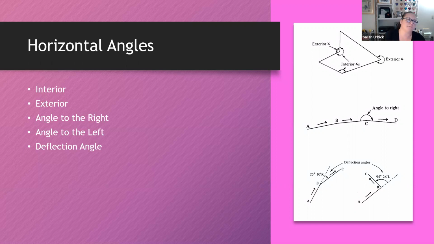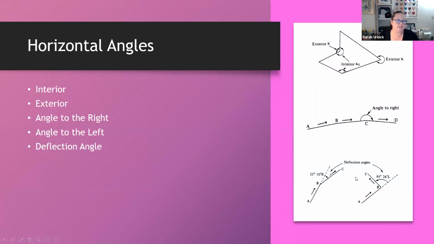So 5 basic kinds of angles that we're going to talk about. Exterior angles, so that's anything that's measured on the outside of our closed traverse. Interior angles, anything that's on the inside of our traverse. An angle to the right. So I might look backwards to you, but hold up your right hand, angle it towards the right, that's an angle to the right.